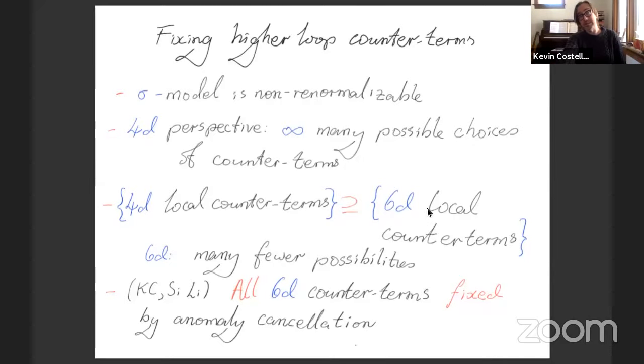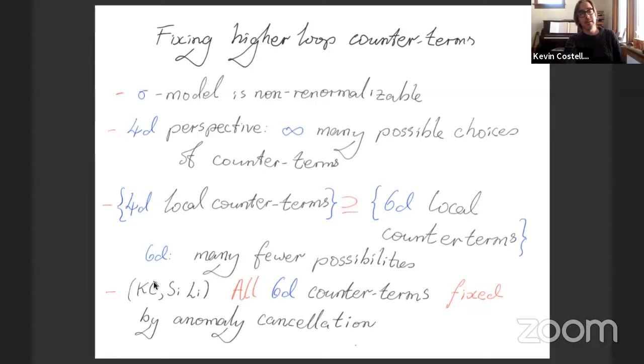We already saw this in the study of N=4 Yang-Mills, where one of the terms in the N=4 Yang-Mills action was a non-local expression in 6D. If I want to realize that as a 6D theory, that's much, much harder, and there are many fewer possibilities. If we also want all the anomalies to cancel in 6D, that's even harder.